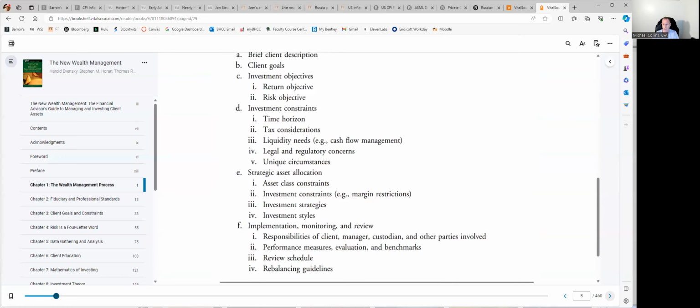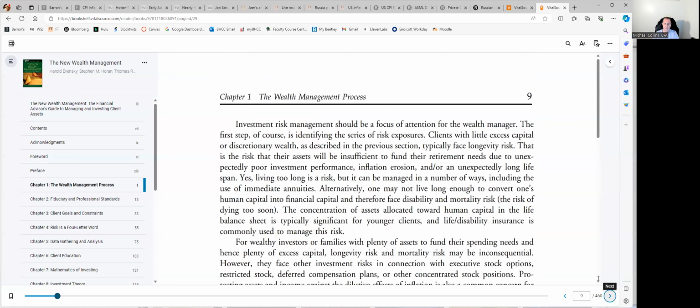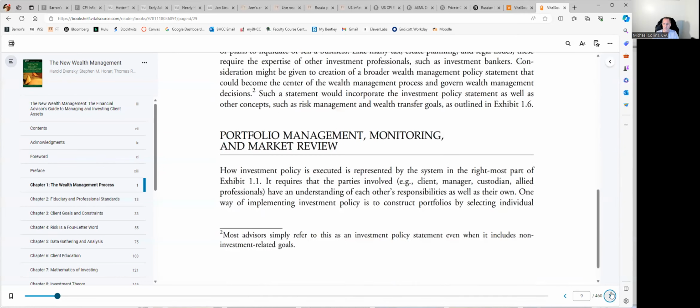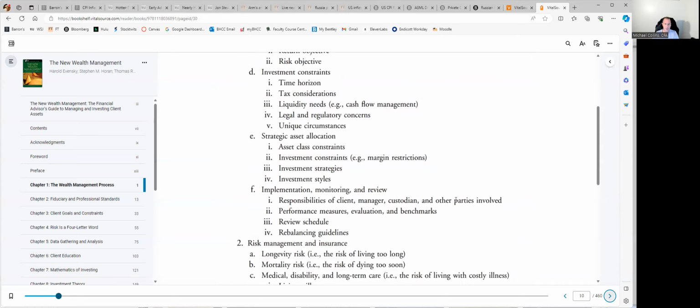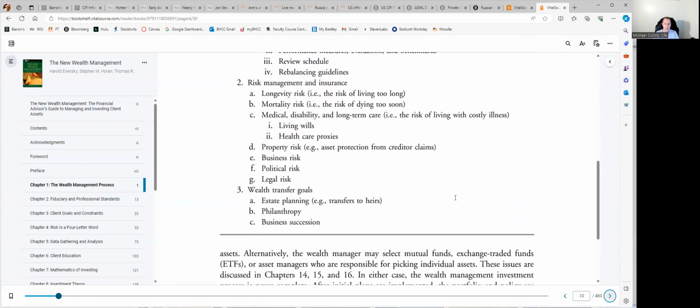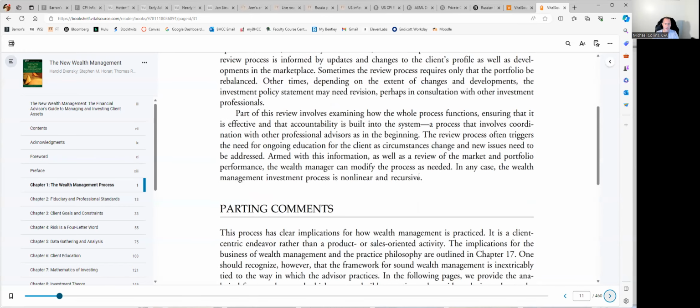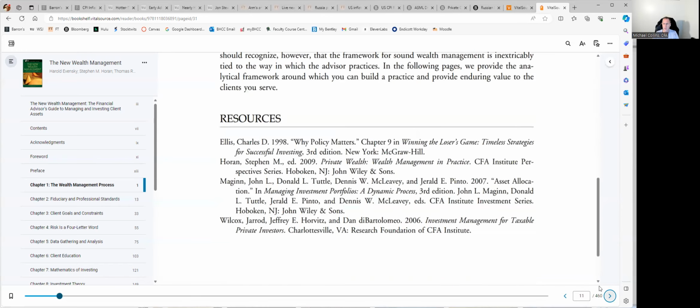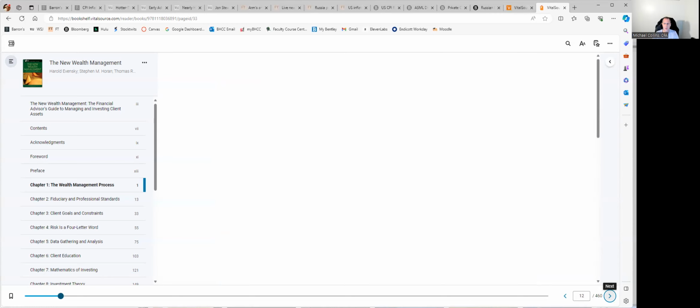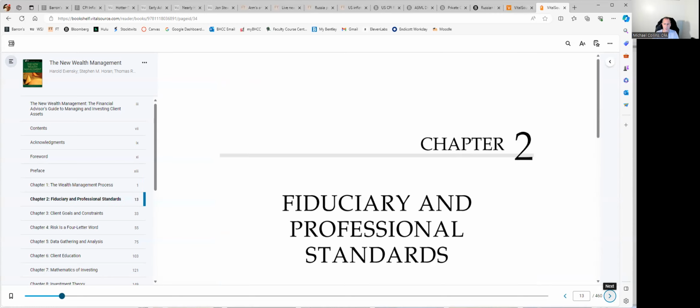How often do you bring the portfolio back to target? That's the end of chapter 1. Good content there for the first quiz.